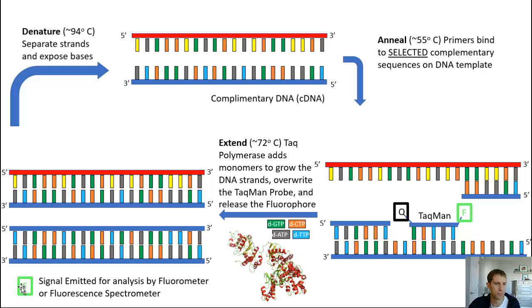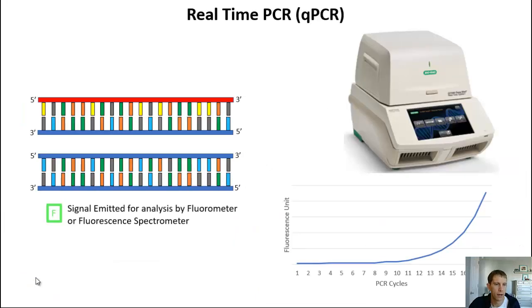fluorimeter or a fluorescence spectrometer, or better yet, within real-time PCR or qPCR, we can detect the fluorescence emission by hooking this up to a computer, having the right program, and we can watch the fluorescence unit grow as the number of PCR cycles continues.